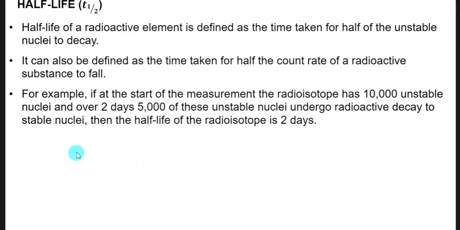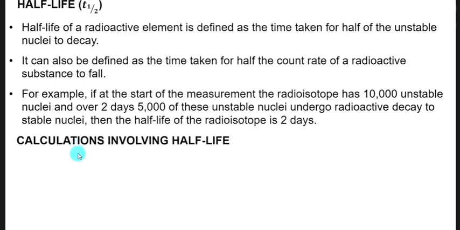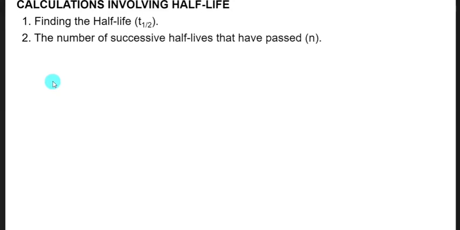So let's look at calculations involving half-life. Number 1, finding the half-life. Number 2, the number of successive half-lives that have passed.